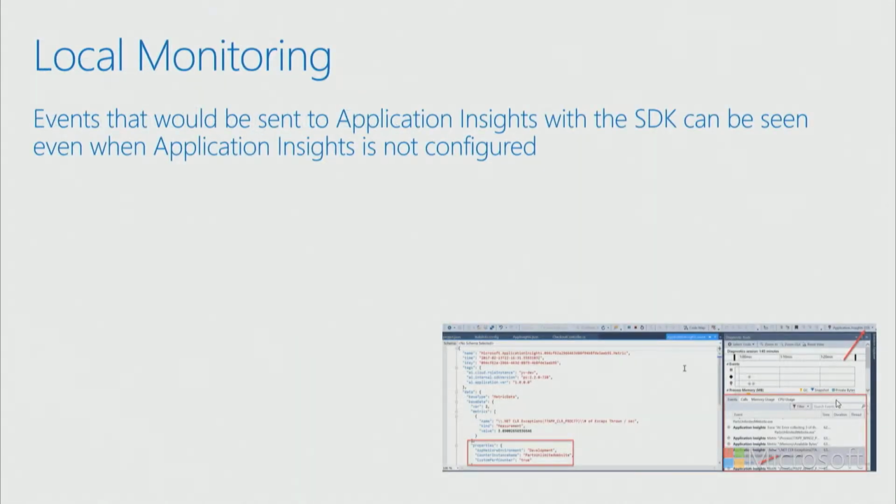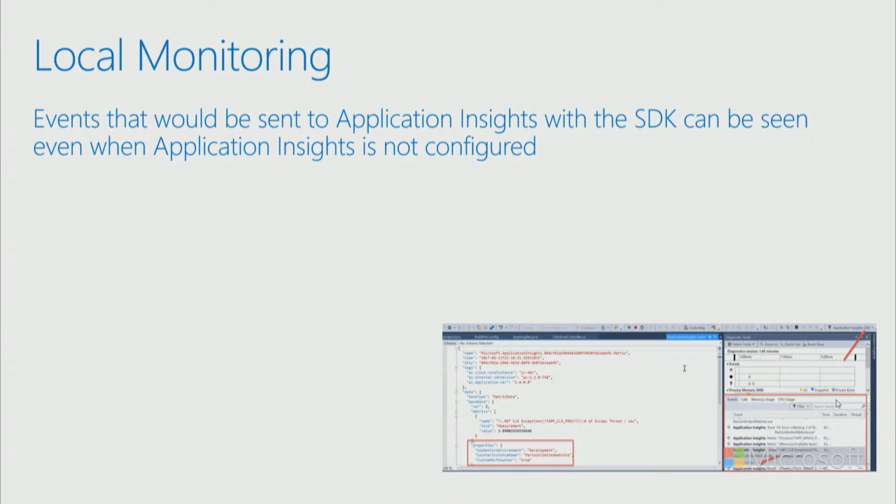Even if you are not using Application Insights to collect information, for example, we are working unconnected to the portal itself, no data is being ingested. If the application is using the SDK, the data can be seen on Visual Studio just as it would be sent to Application Insights.